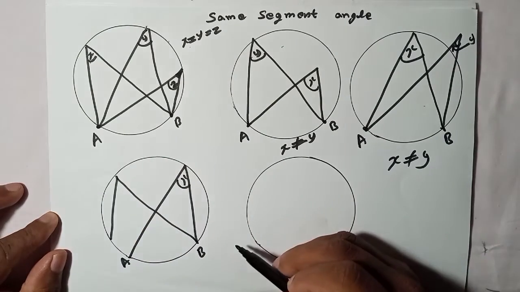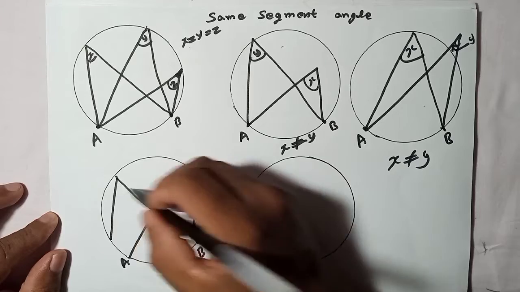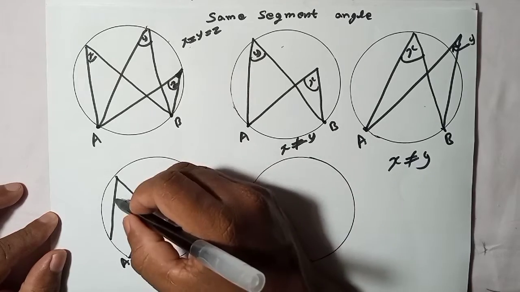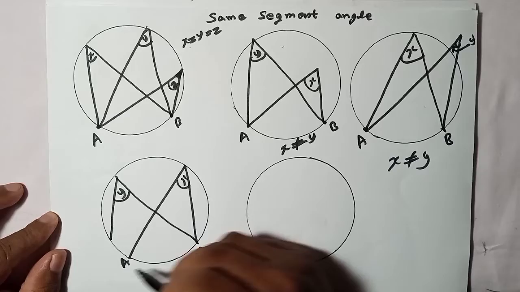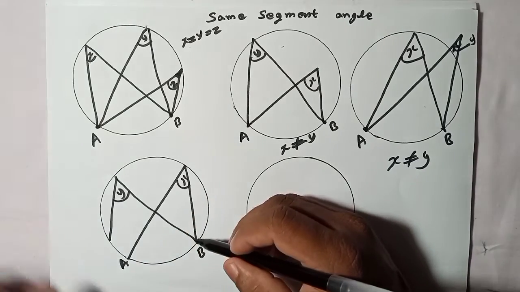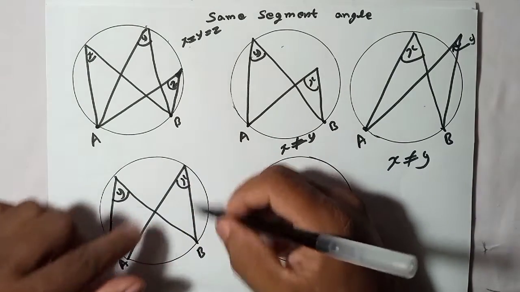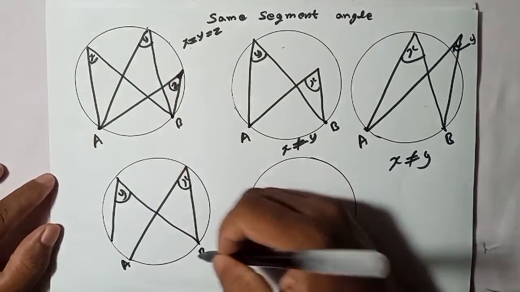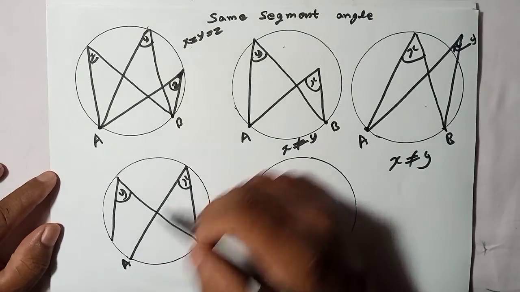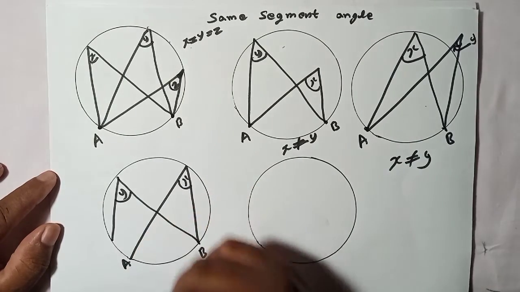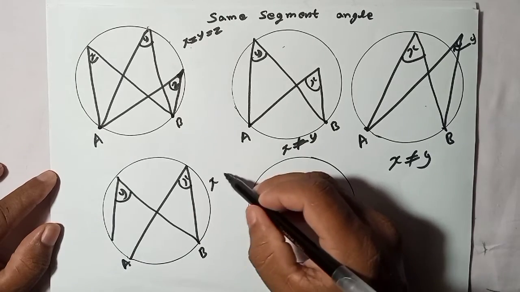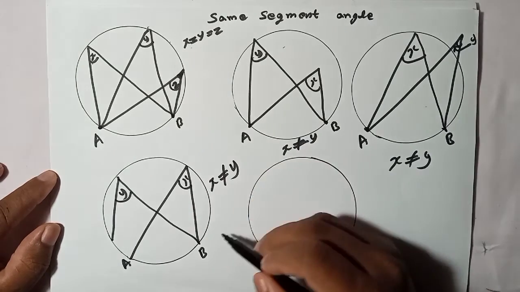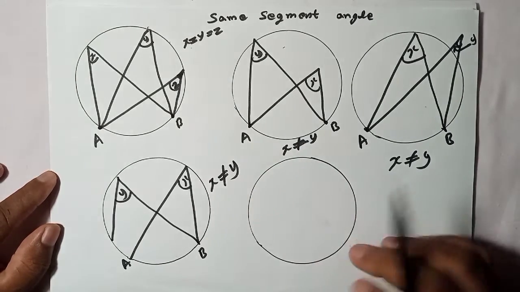What is the difference here? Both angles are made on the circumference. The problem is they do not start from the same two places. Both start from B here, but here it is from A and here it is not from A. That's the problem, so these two are not equal. Even here, x and y are not equal.